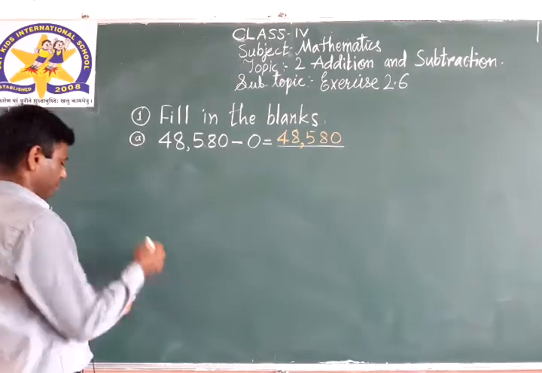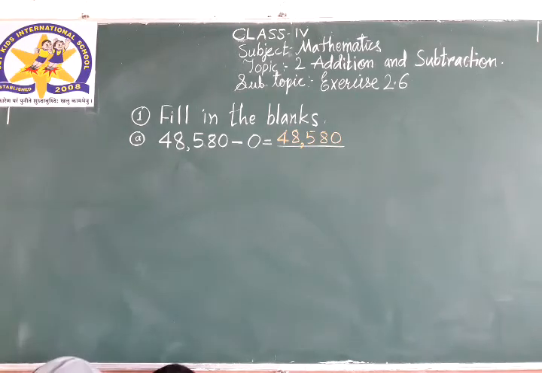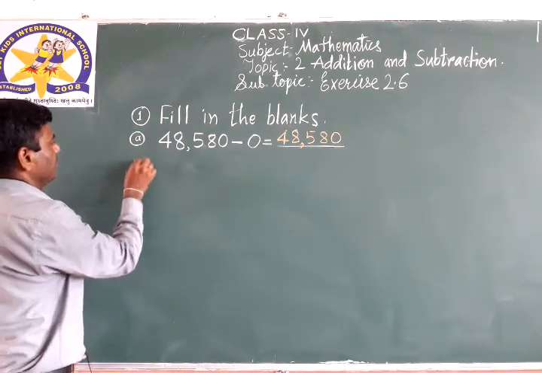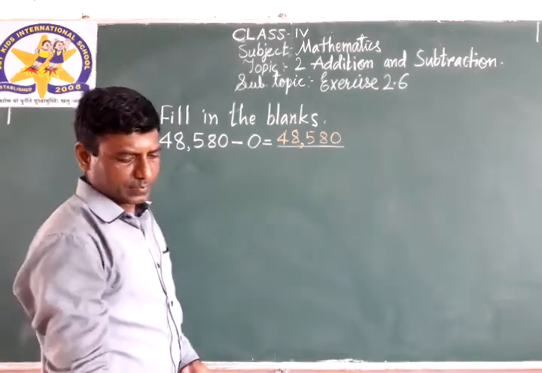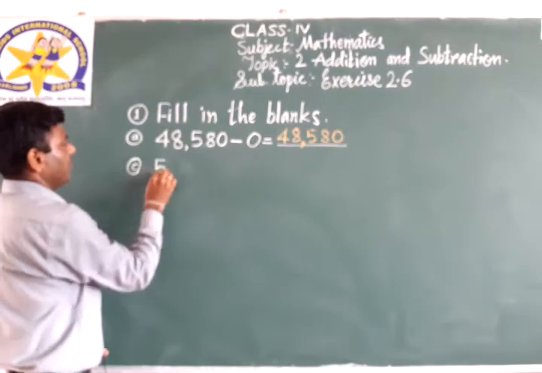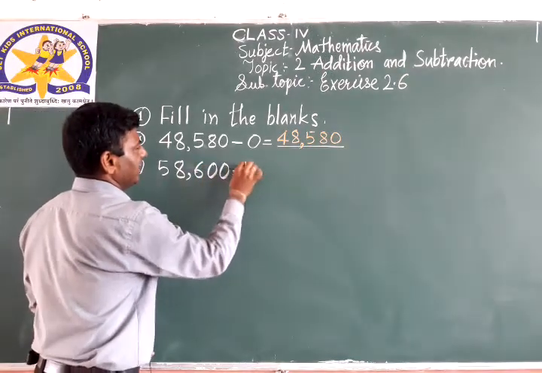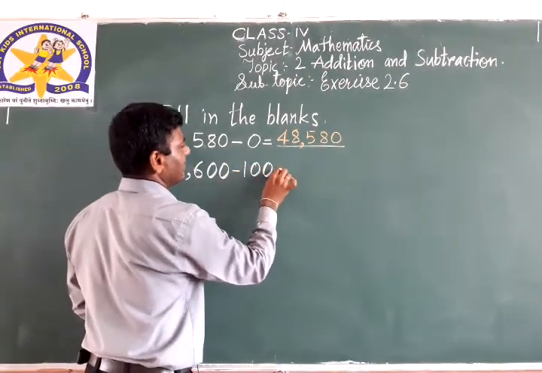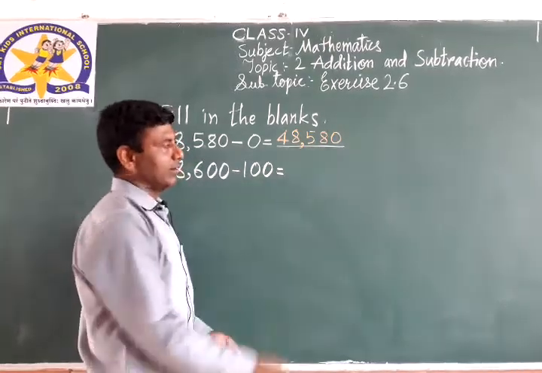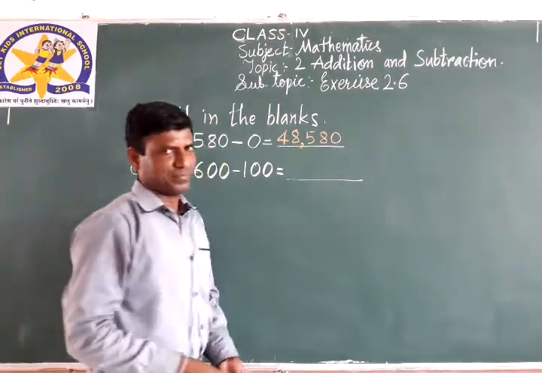Okay, C. I will solve that. 58,600 minus 100. What will be the answer?